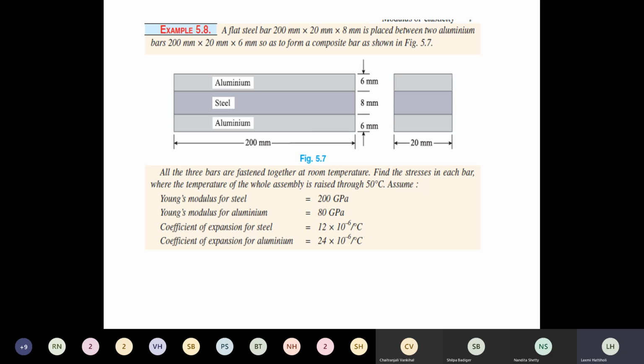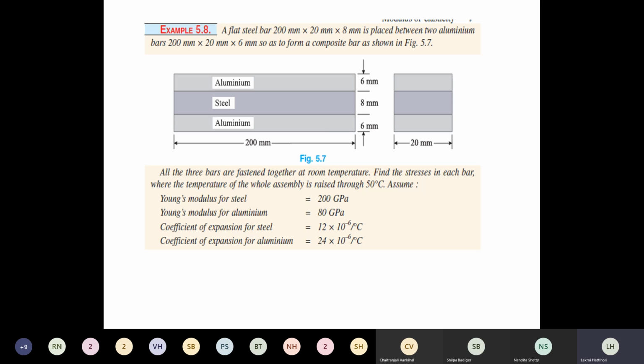Now for this particular figure, the following given conditions are there. That is, all the three bars are fastened together at the room temperature. So all the three bars are connected to each other with the help of some bolting arrangement. Now find the stresses in each bar where the temperature of the whole assembly is raised through 50 degrees Celsius.